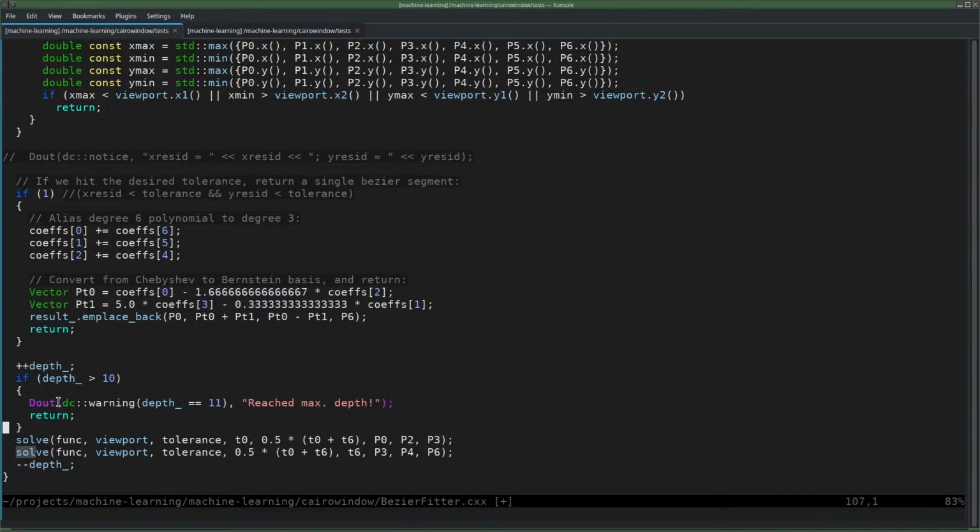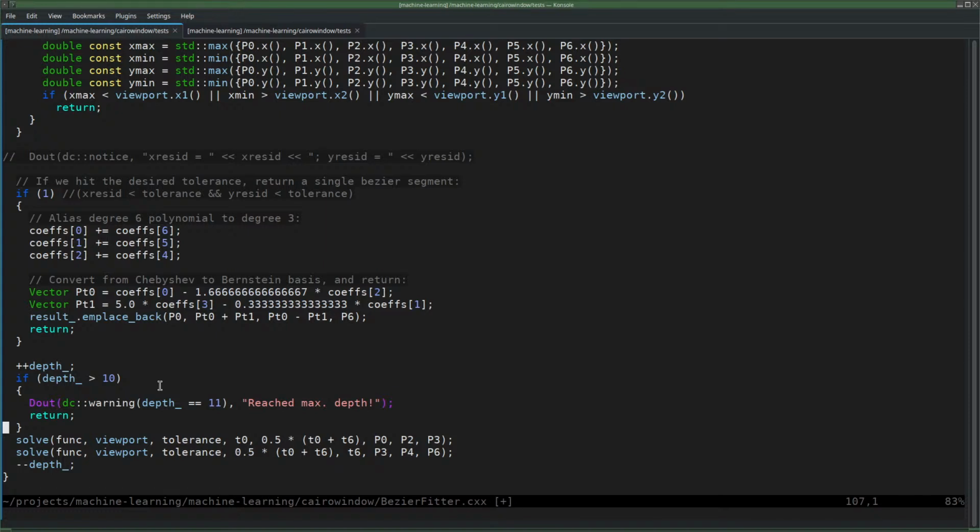The problem is that you expect that eventually you cut the function into such small pieces that you do reach the tolerance that you want, which would lead to something actually being drawn, you know, pushing back some kind of Bezier curve. But if you never reach the tolerance, then like I just explained, it doesn't make sense to try 100 deep. If we stop at 10, then you just didn't reach the tolerance, period. So nothing is being drawn. That is the problem.